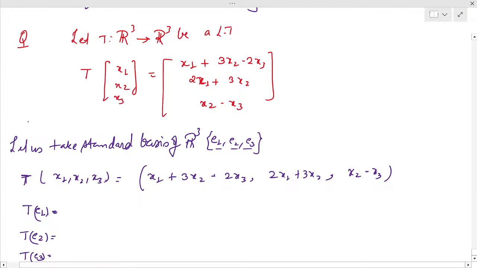T of e1 is, with input (1, 0, 0), (1, 2, 0).